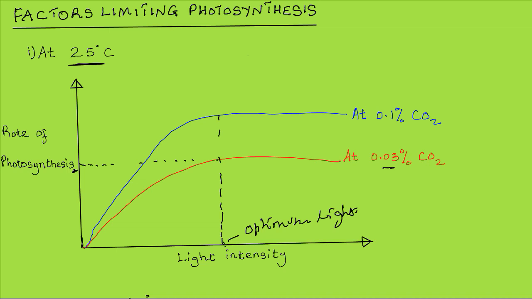So the only way to increase the rate of photosynthesis under such conditions is to increase the CO2 level from 0.03 to 0.1%.